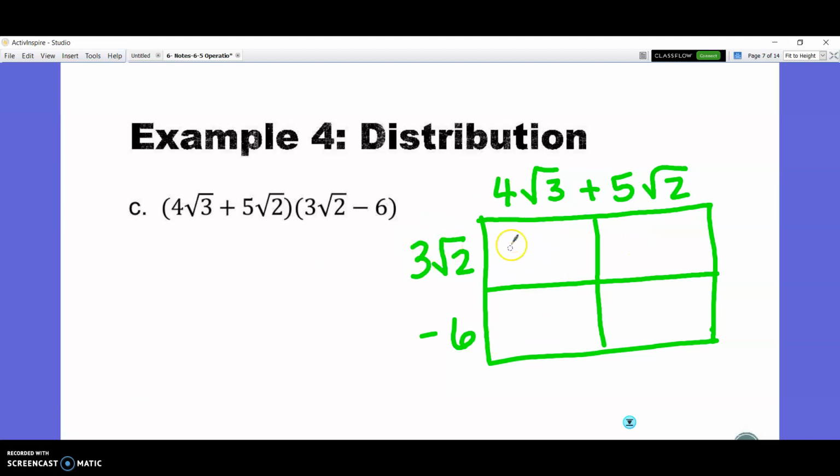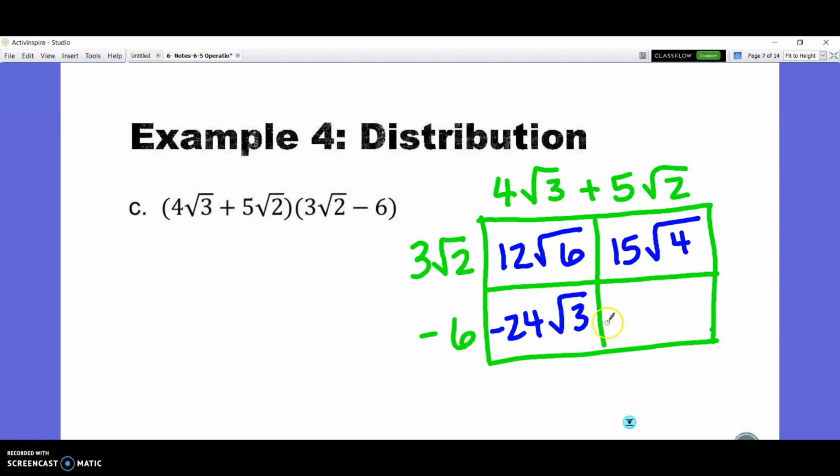Number times number on the outside, so 12. Square root 2 times 3 is 6. 3 and 5 make 15. Square root of 2 times square root of 2 is 4. Negative 6 and 4 is negative 24. Square root of 3. And then this would be negative 30 square root of 2.